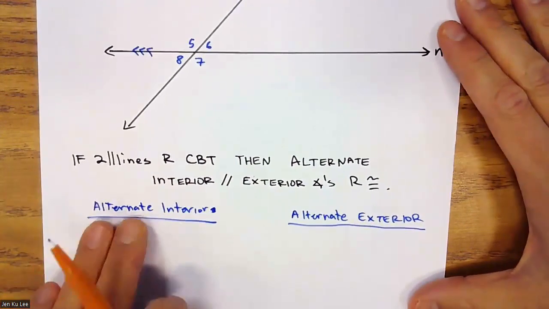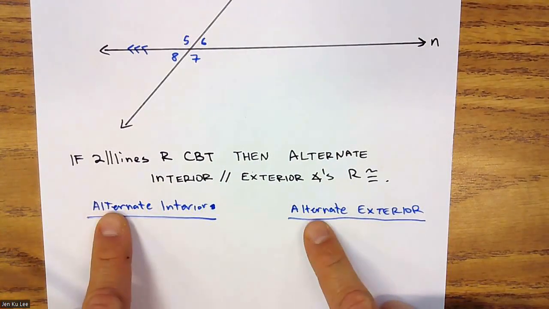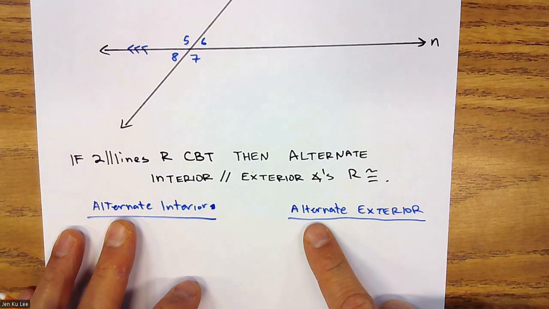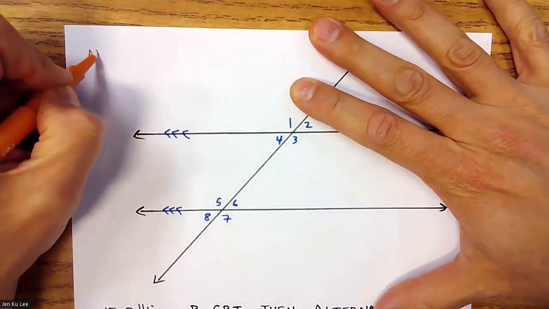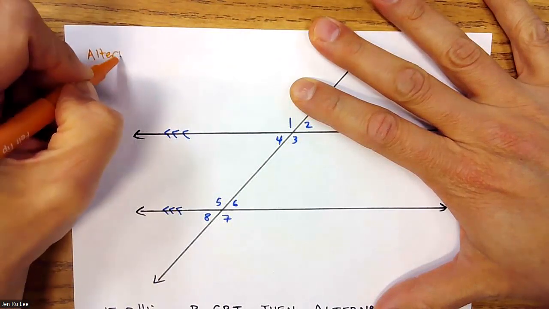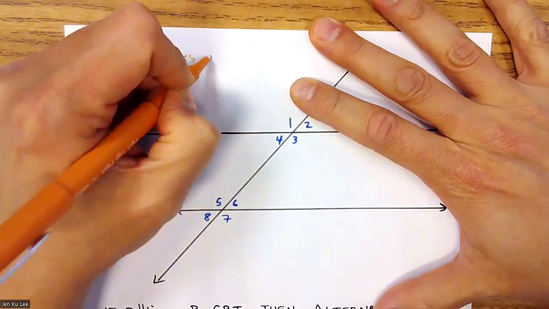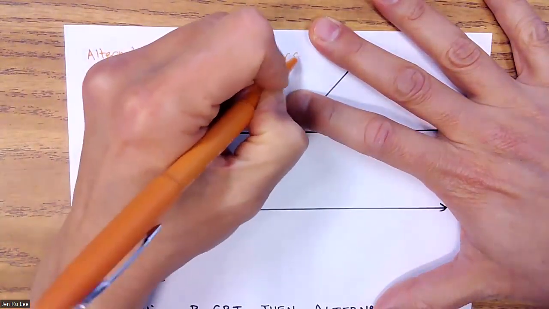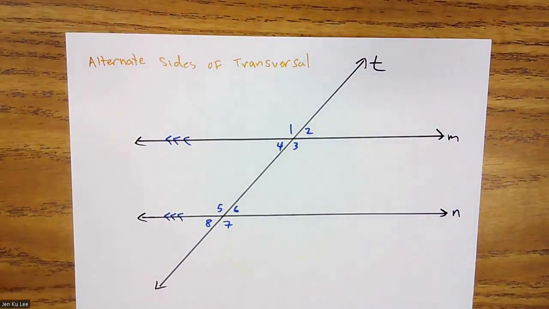What alternate means, the first word, is that they are on alternating sides of the transversal.